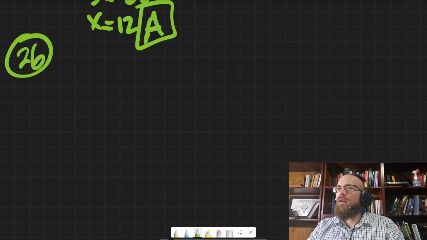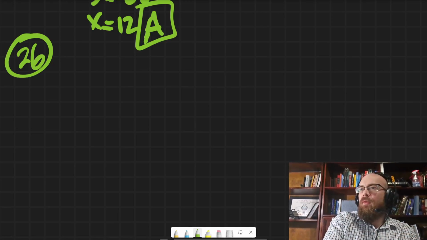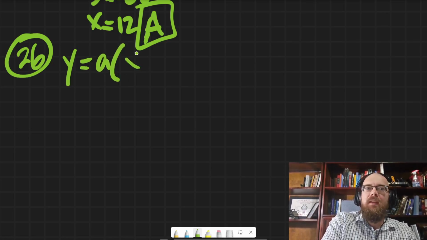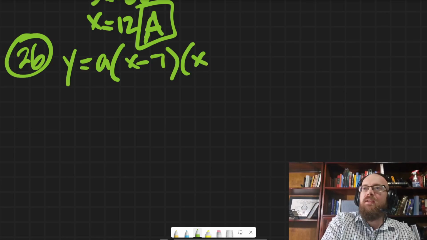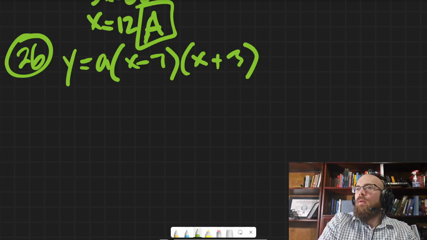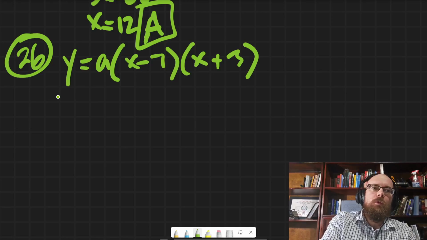Oh, interesting. Okay, cool. Well, if we know the x-intercepts, then we know that y is equal to A times (x minus the first intercept)(x minus the second intercept), which would be x plus 3. So we know that's the case. Which of the following could be the value of A plus B? Well, let's do this.